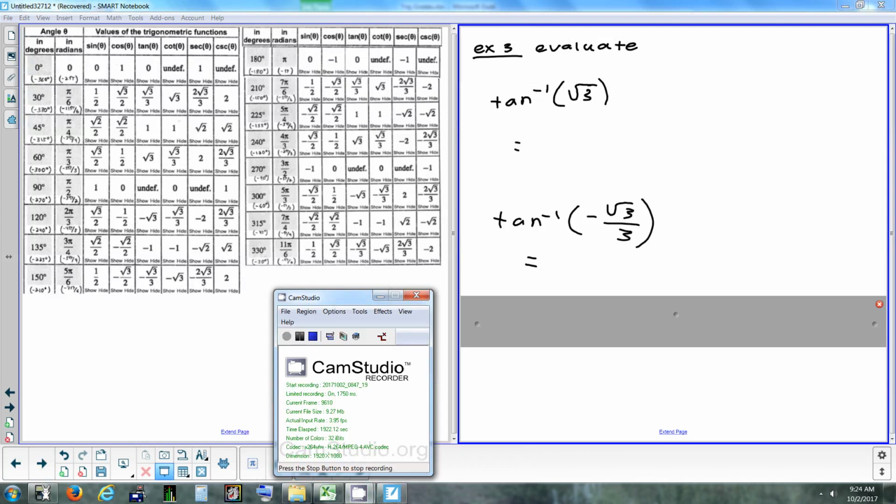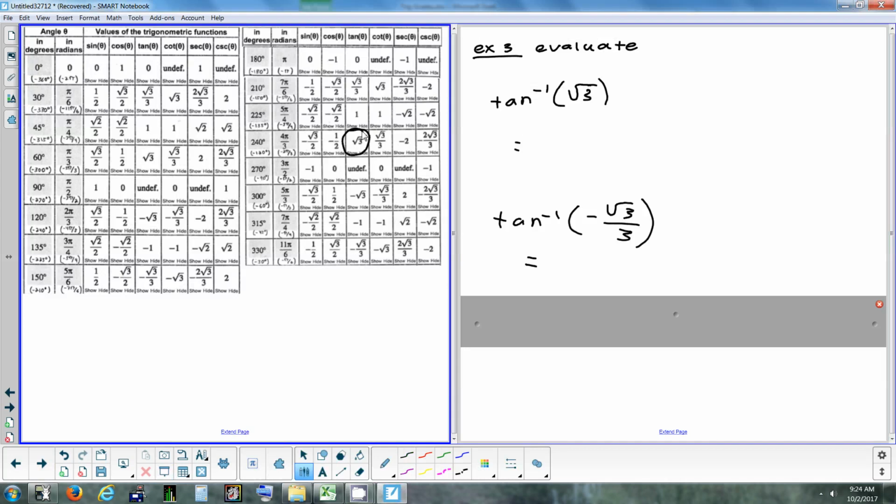Okay, let's take a look at the inverse tangent. Robin, if you start with inverse tangent of root 3, what row did you find that one in? 240, yep, I agree with that.